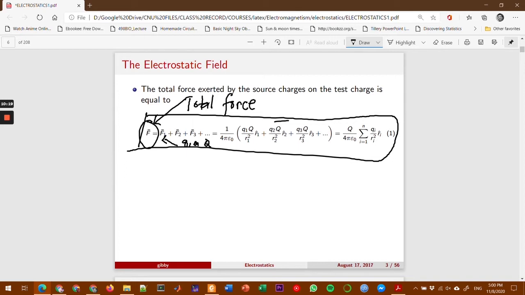This is Coulomb's law. If makarecall mo sa inyong Coulomb, di ba? Anak man ang Coulomb. You have K, Q1, Q2 over R squared, right? Mao na siya ang in high school mo gina siya. Where K is given by 1 over 4 pi epsilon naught.